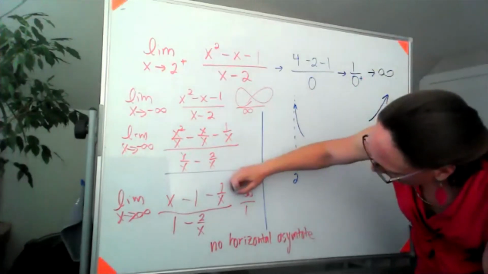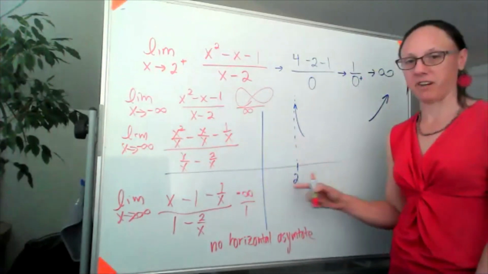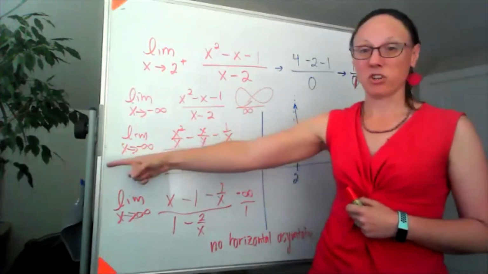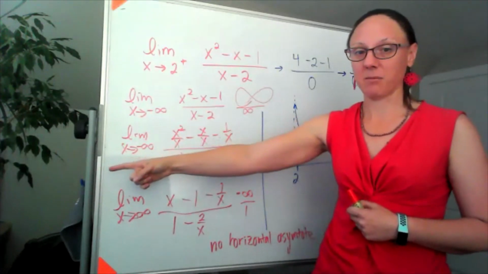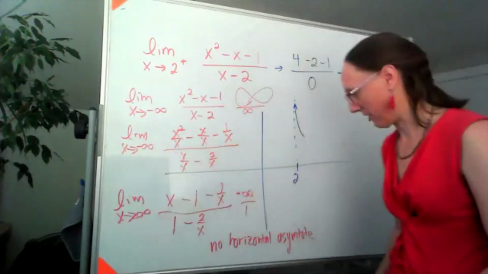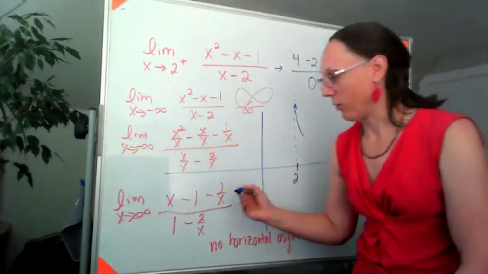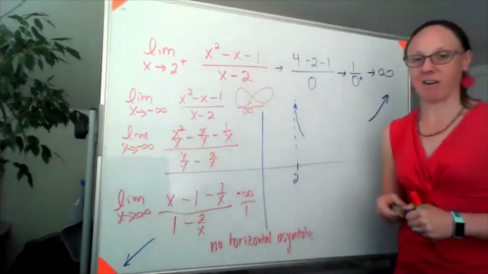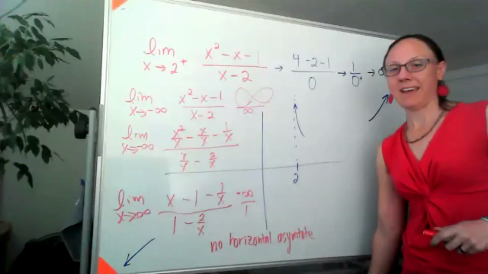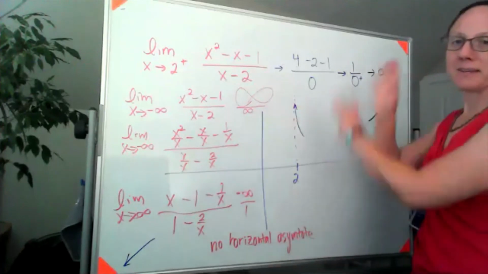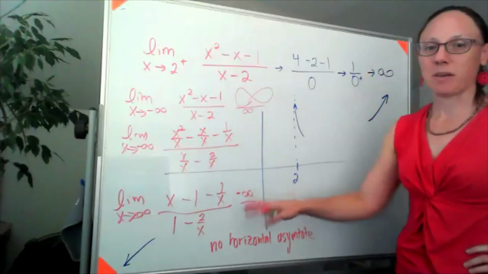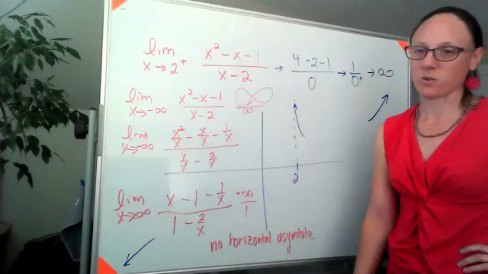So that means I've got a negative infinity over 1. So as x approaches negative infinity, my y also approaches negative infinity. I don't know what else is going on in the graph, but that is definitely headed down on that side. And we'll do some calculus in the next few weeks to be able to figure out those missing pieces of what's going on in the middle.